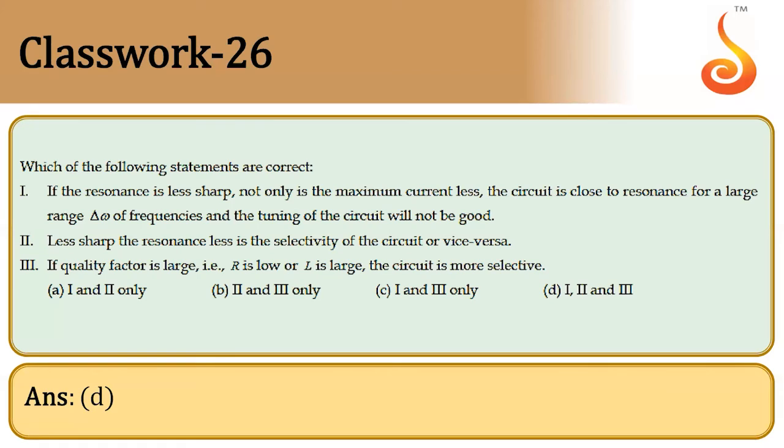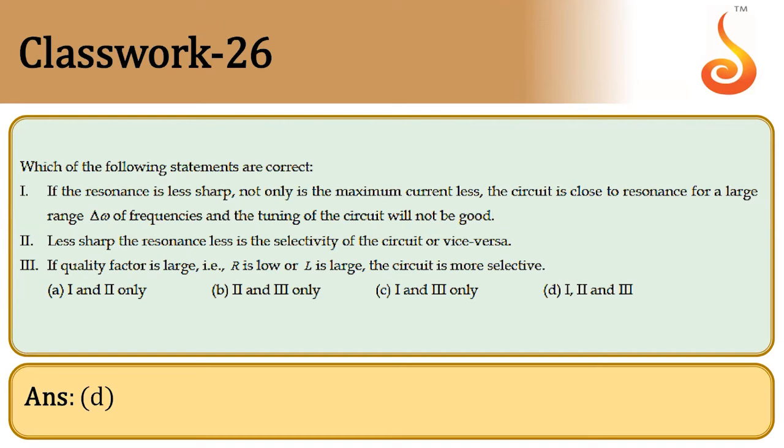Which of the following statements are correct? If the resonance is sharp, not only is the maximum current less, the circuit is close to resonance for a large range. That's correct. If the circuit is sharp, you can select more number of channels. The less sharp the resonance, the less is the selectivity. If it is less sharp, then you cannot select more number of channels.